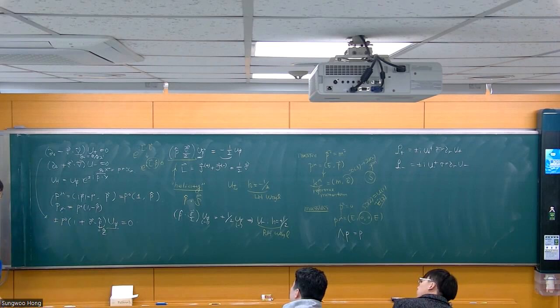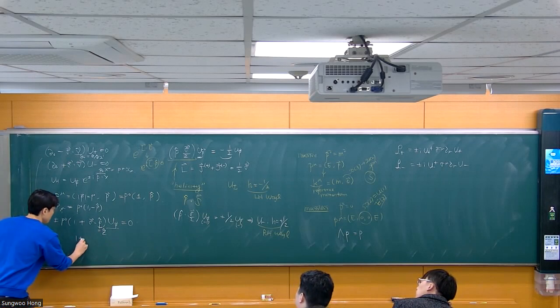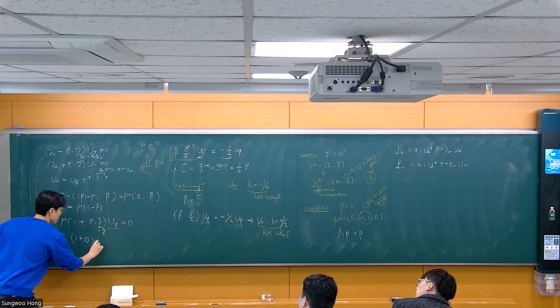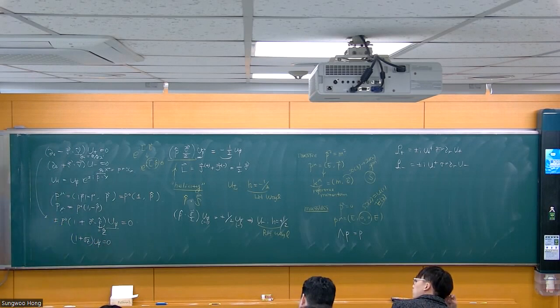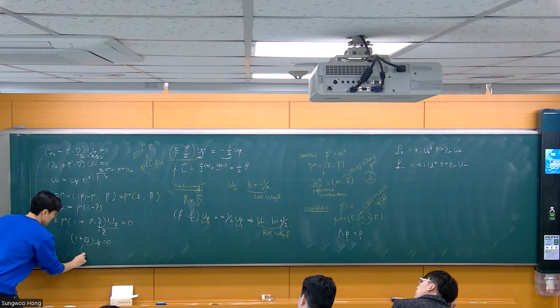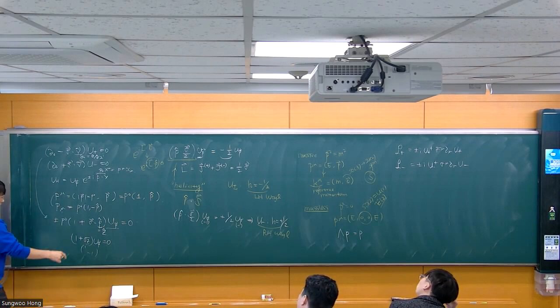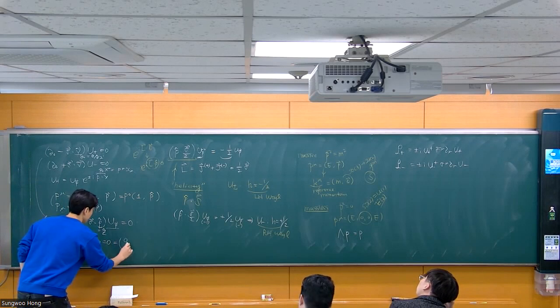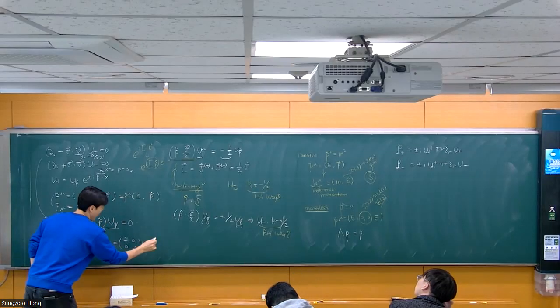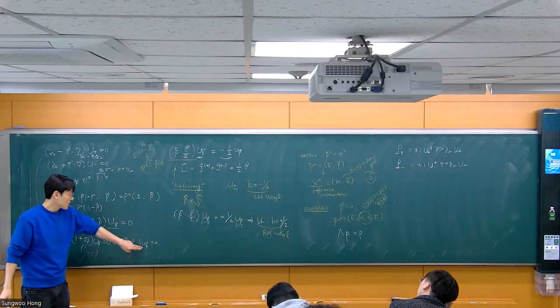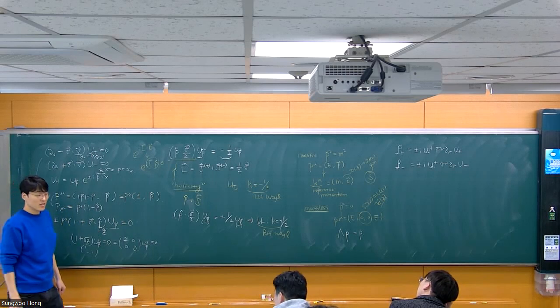Then my equation collapses to 1 plus sigma z acting on the function is equal to 0, right? And since this has a 1 and minus 1, you can find a two-component vector that satisfies this equation easily.